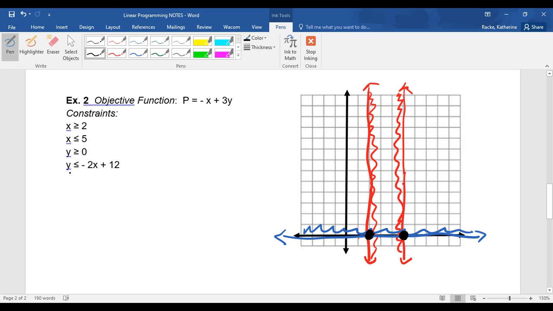Now last line, negative y is less than or equal to negative 2x plus 12, so we're going to start at 12. We're going down 2, if you need to, put it over 1, so down 2 over 1. Looks like there's going to be another one, and another one.